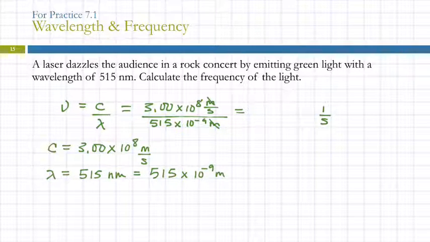So we've got 3 EE 8 divided by 515 EE minus 9 equals, 3 sig figs, I'm getting 5.83 times 10 to the 14th.